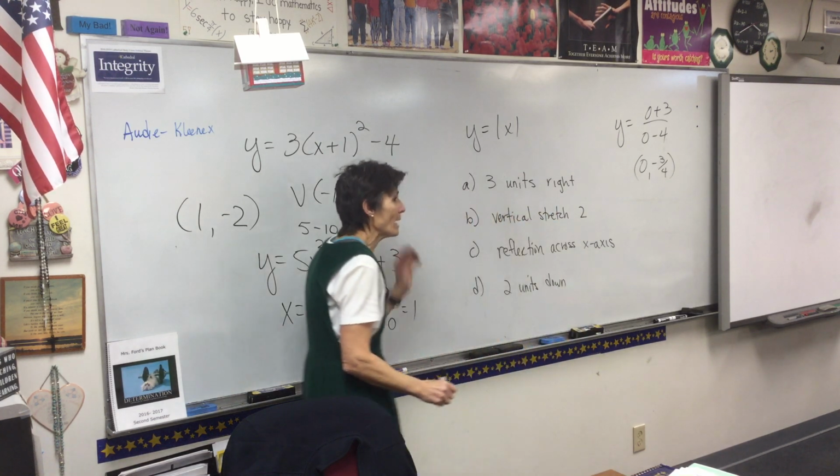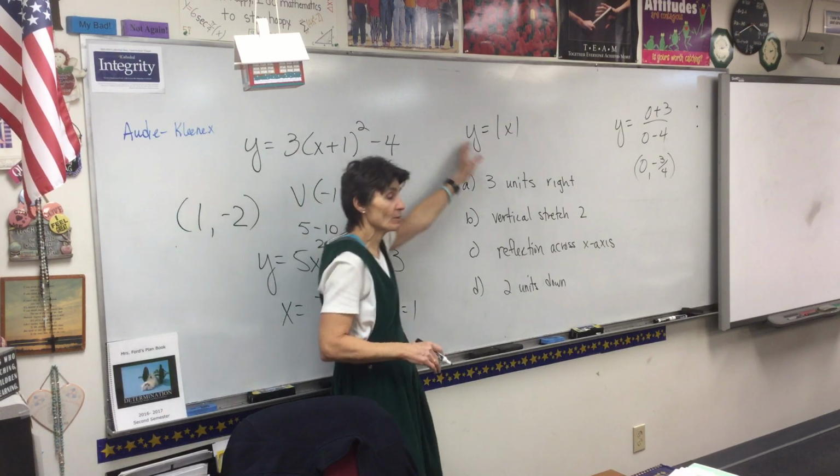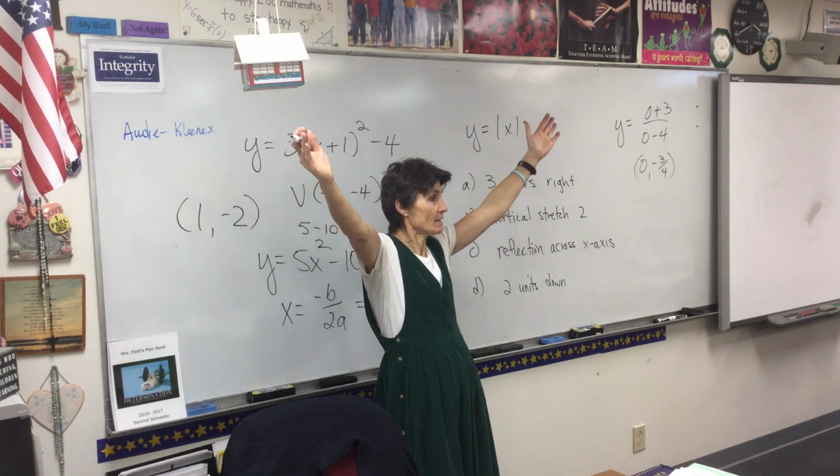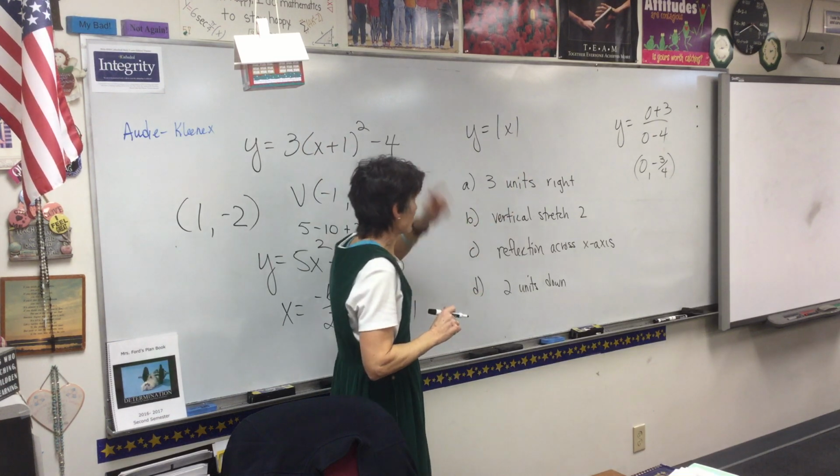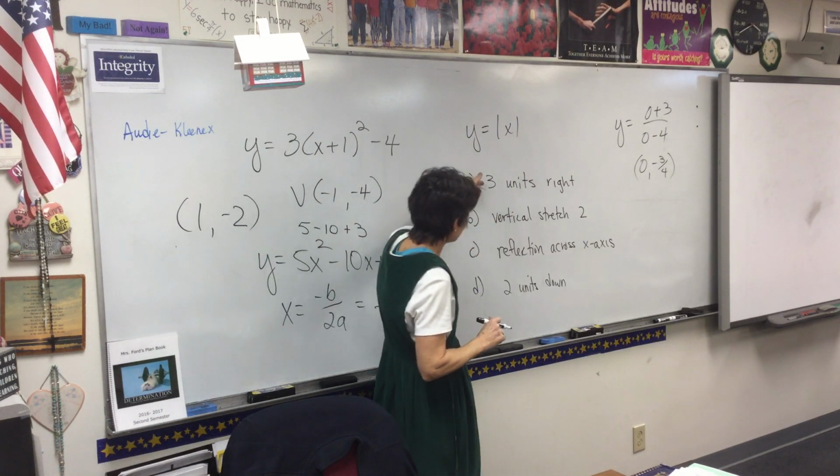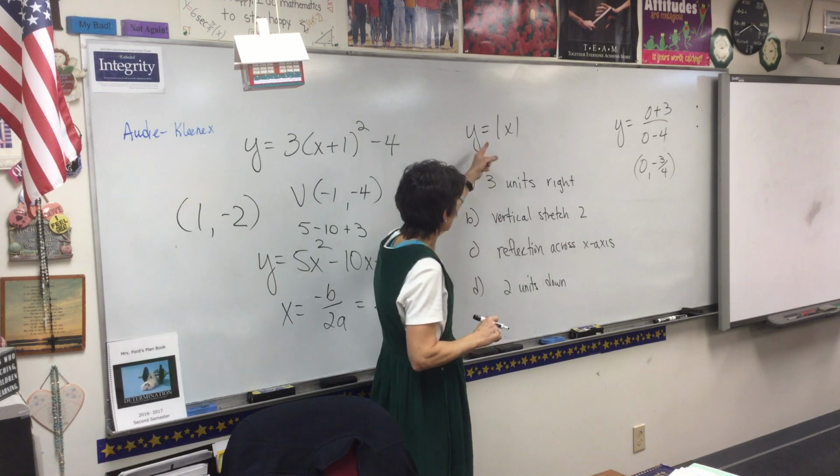So write the equation, starting with your basic old absolute value V. What would the equation look like that did all of these things to that equation?